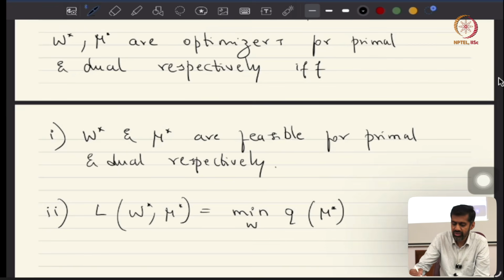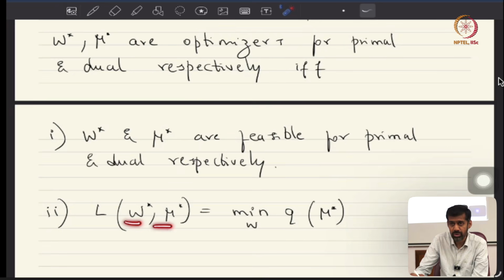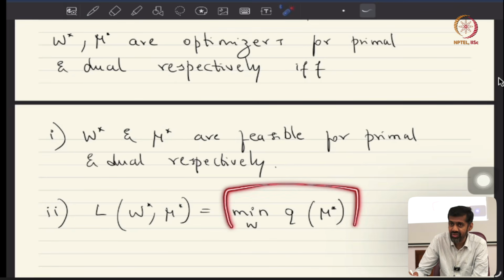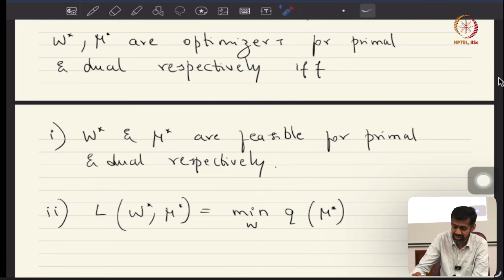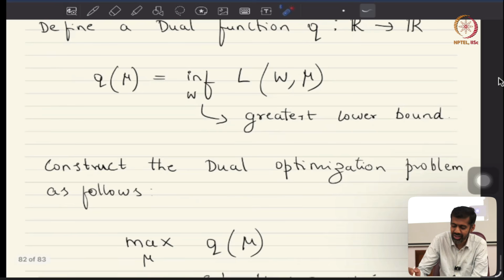If we take the Lagrangian and evaluate it at the minimizer of the primal and the dual problem, it is equal to evaluating the dual function at its minimizer after being minimized with respect to W. That's it. It's obvious, because this is how we defined our dual function. This infimum is what I am writing as minimum there.